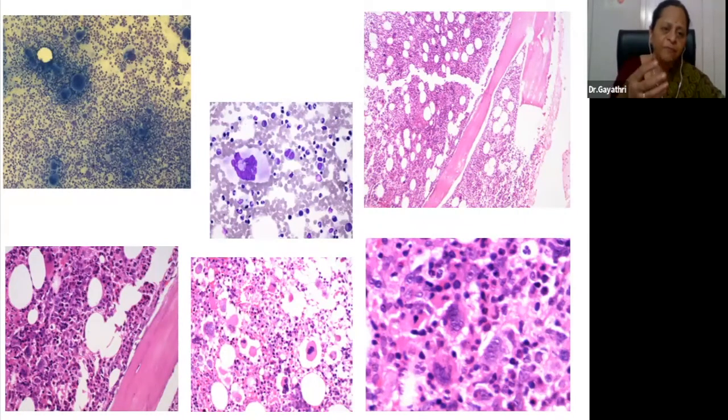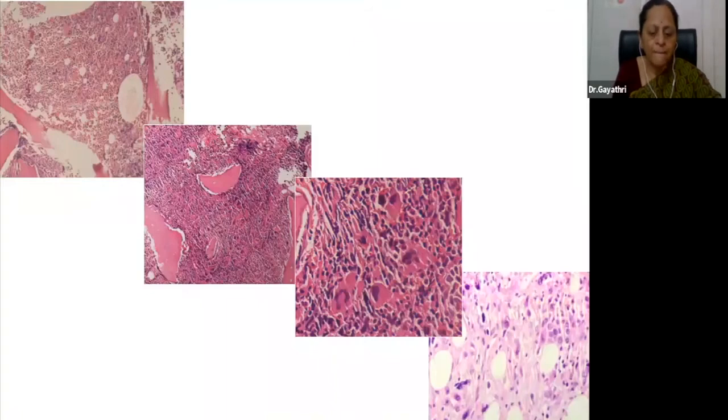They will be very heavy and they don't dry easily, they don't fix easily, they don't stain very well. That's because they are so dense in cellularity. So such dense cellular trails of marrow particles with a very large number of megakaryocytes.